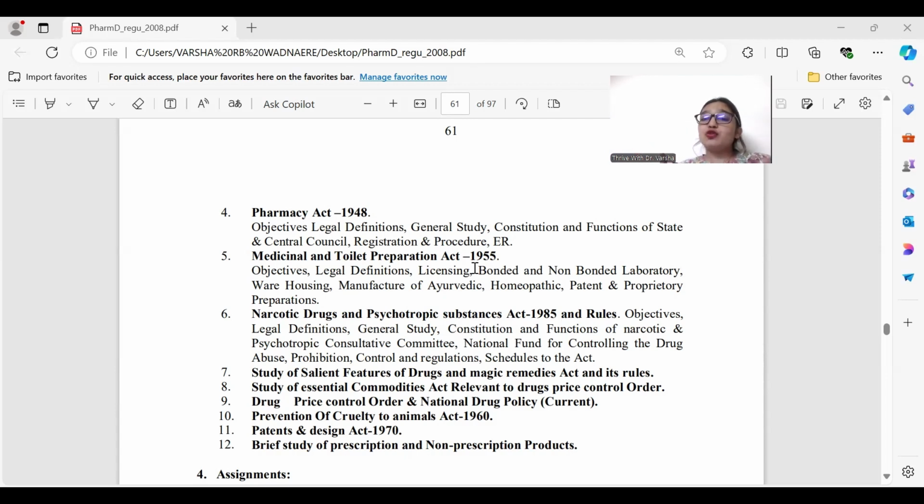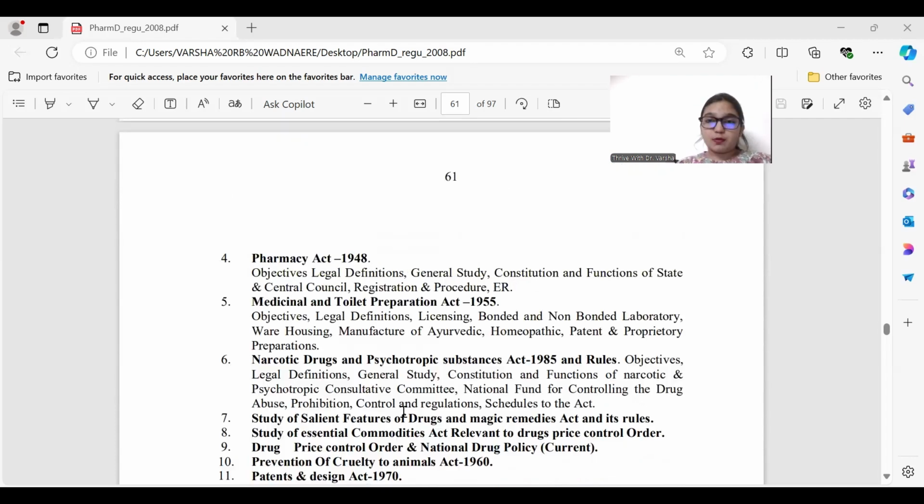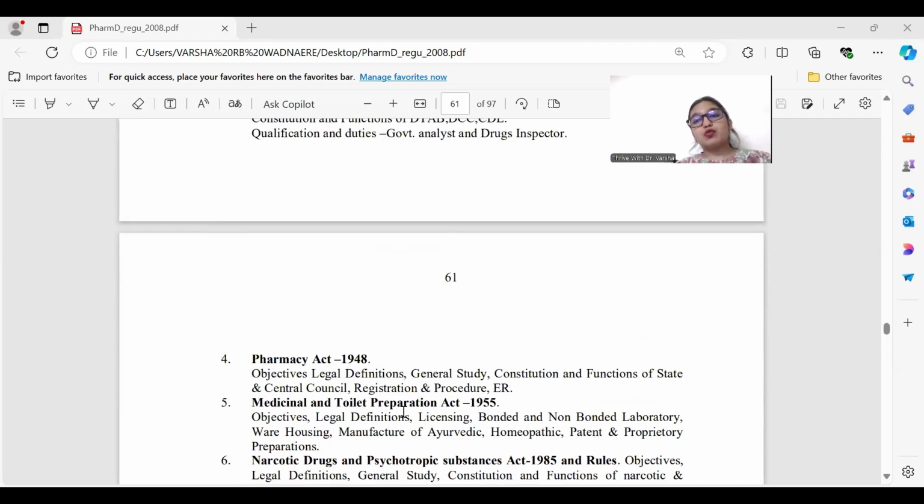For that, you should know all these laws so that you can take action and be aware, and so that you can thrive in your career because of this. If you have this knowledge in regulatory affairs, you have to know all of this completely, because your work will be about the rules and regulations you will be imposing on each and every setting which is related to drugs.